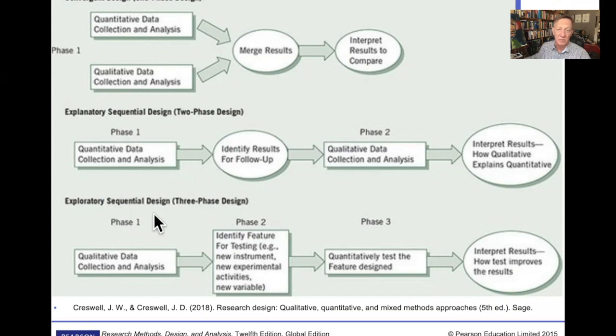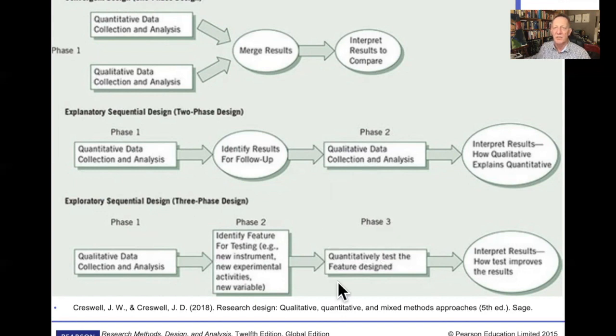Then you have a three-phase design as well. Exploratory sequential design, a three-phase design. Phase one, qualitative data analysis. Phase two, identify features for testing with a new instrument. Phase three, quantitative test of the future design. So the qualitative data analysis has a bit less emphasis.